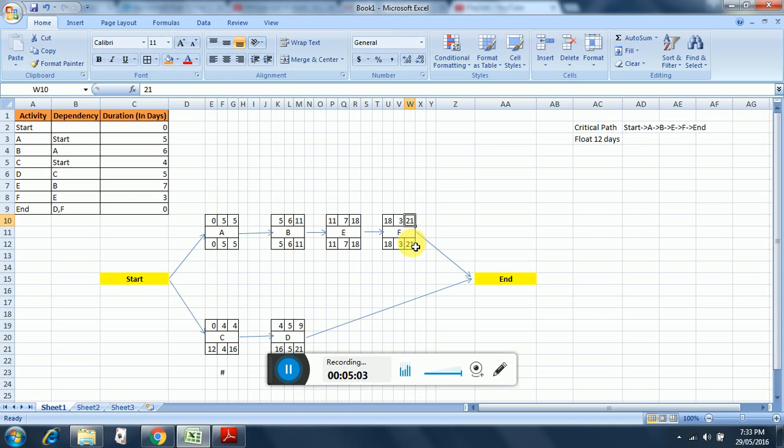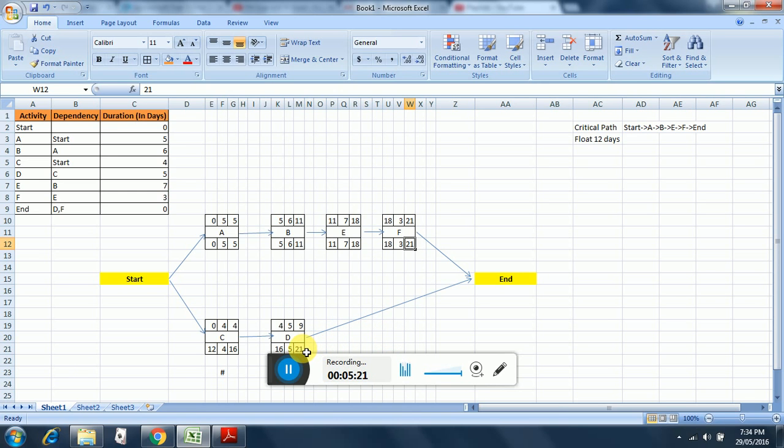So this 21st day is carried here, 21, and then we carry on with the backward pass. So 21 minus 3, 18, then it goes backward, 18 minus 7, 11, 11 minus 6, 5, 5 minus 5, 0.